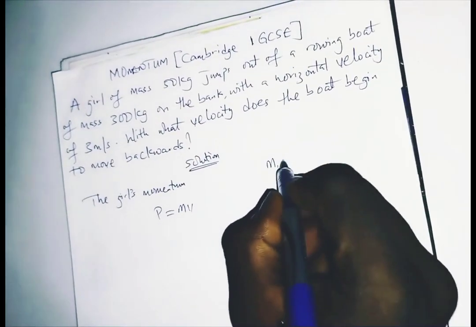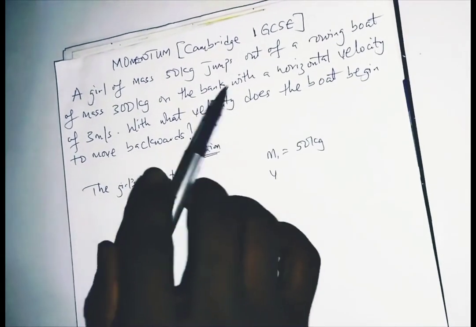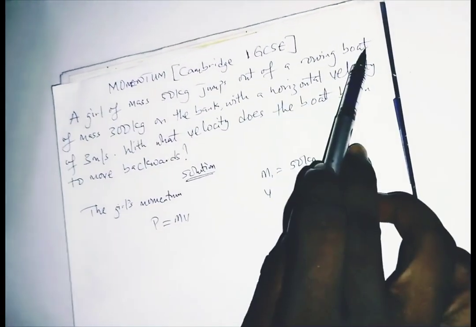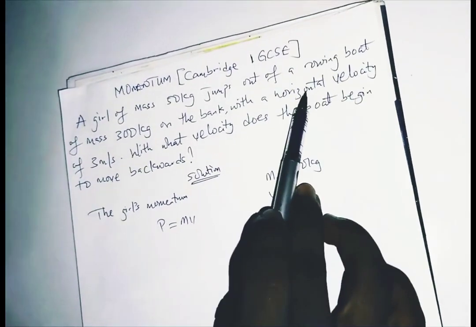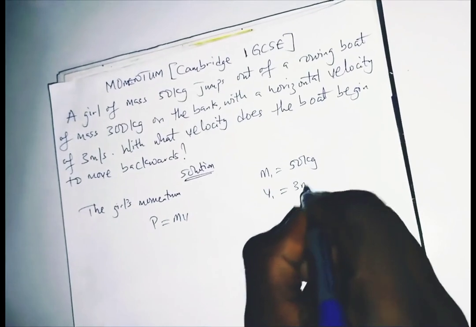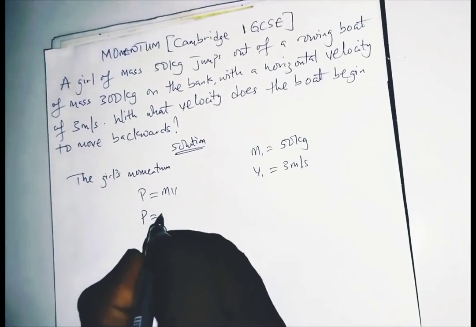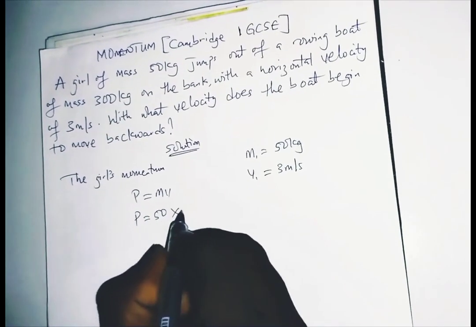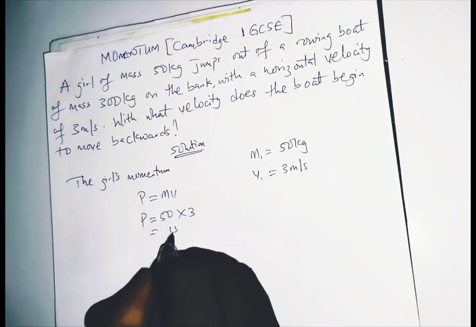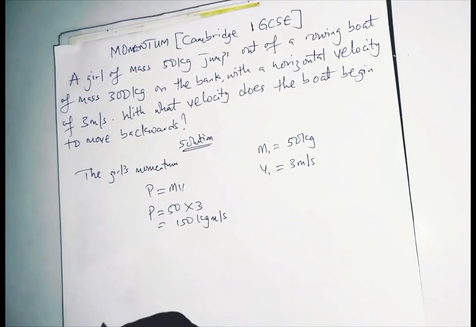We know the girl has a mass of 50 kg and she jumps out of a rowing boat with a horizontal velocity of 3 meters per second. That means her momentum is 50 multiplied by 3, which gives us 150 kilogram meter per second.